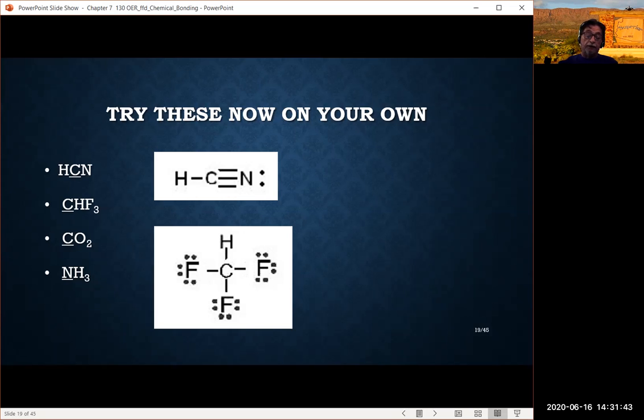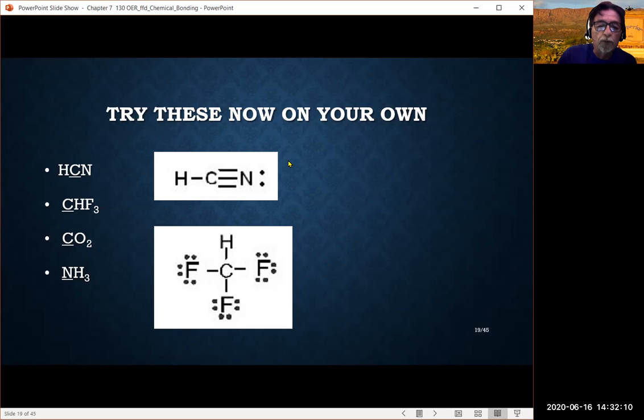We start with A. A, it's got to be A. A is always there. Now, how many atoms are bonded around carbon? There you go. You got it. AB4. That is correct. That is the general formula for AB4.